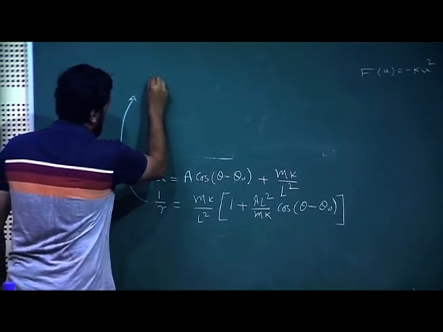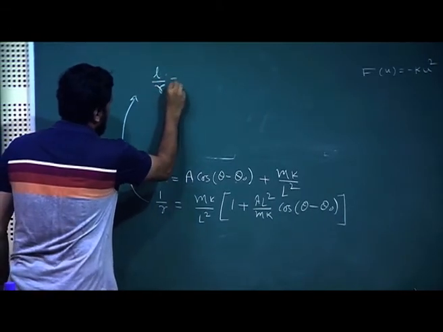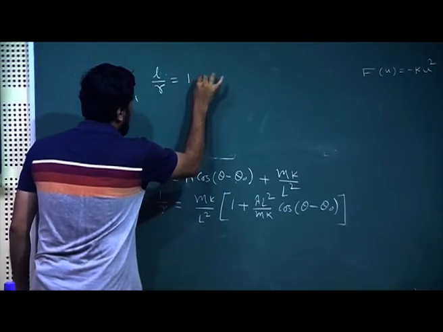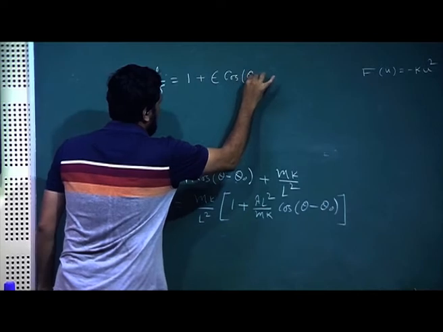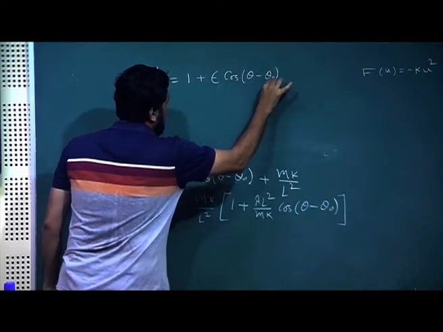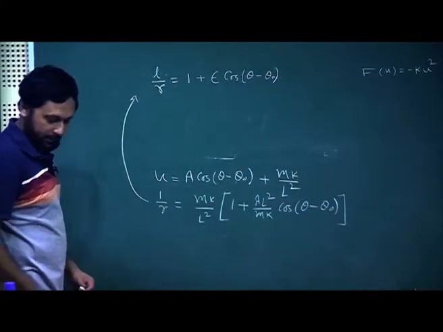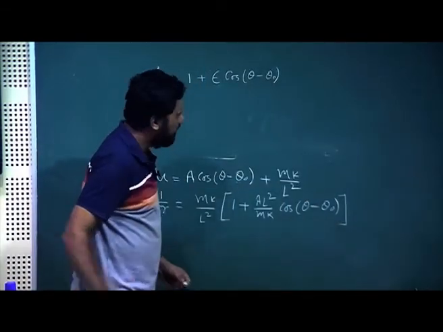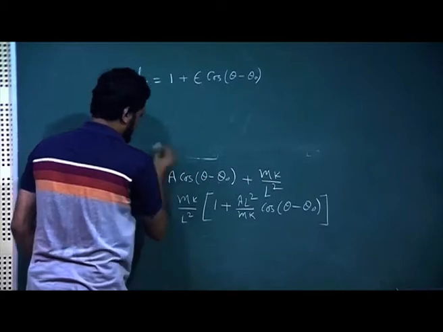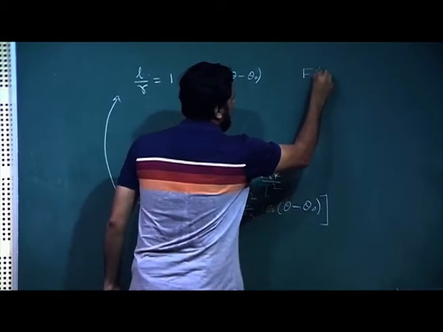So, we can write this equation as l/r = 1 + ε cos(θ - θ₀), where, or actually I can use this place. Okay, so let it be here.